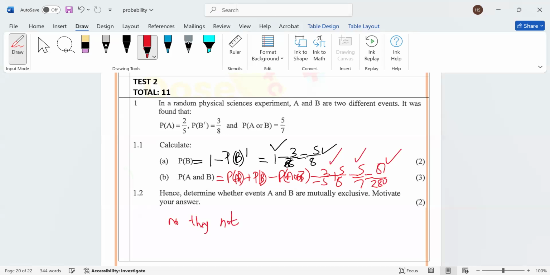Why do you say that? The probability of A and B is not equal to 0, because we got the probability of A and B as this one. So it's not 0. So these two events are not mutually exclusive.